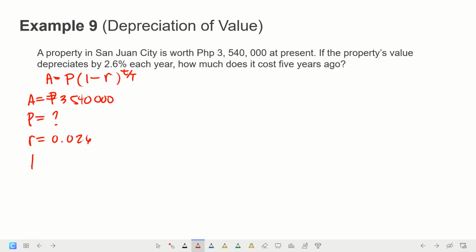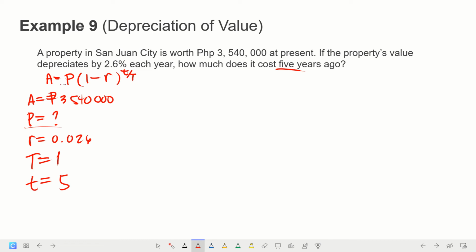Our defined unit of time is equal to 1 year. And our interval is 5 years ago. So, 5 years. Since the value we don't know is P, we need to derive for P. So, let us now look for the value of P.